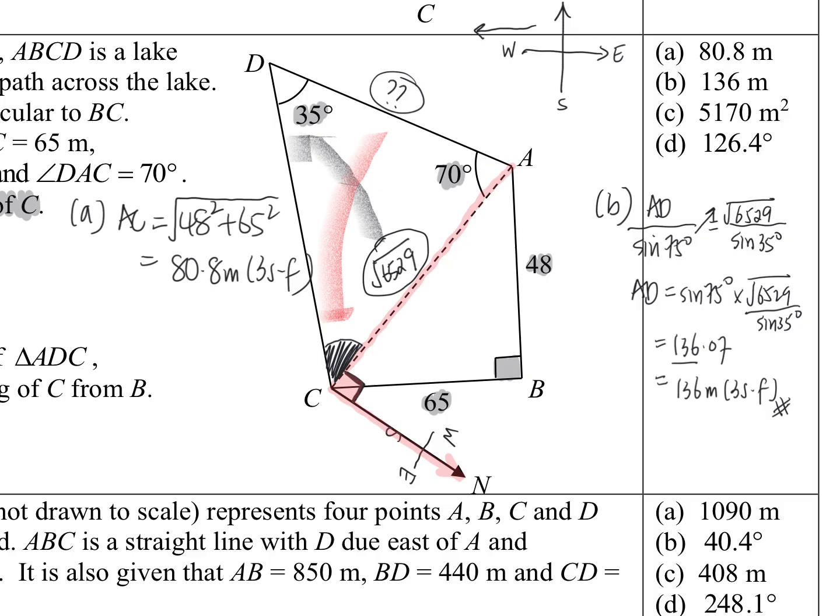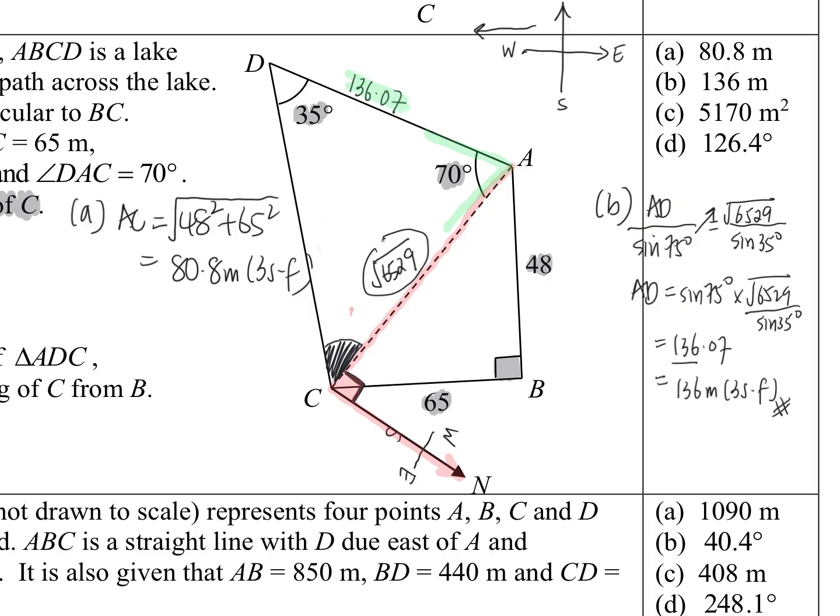Okay, then the question asks, can you find the area of ADC? So every time you found out one info, quickly go to the diagram and add it in, because sometimes you might forget some info along the way. So just put it in. This one is 136.07. So as long as you have a vertex, the V shape, like this one, then you can find the area already.